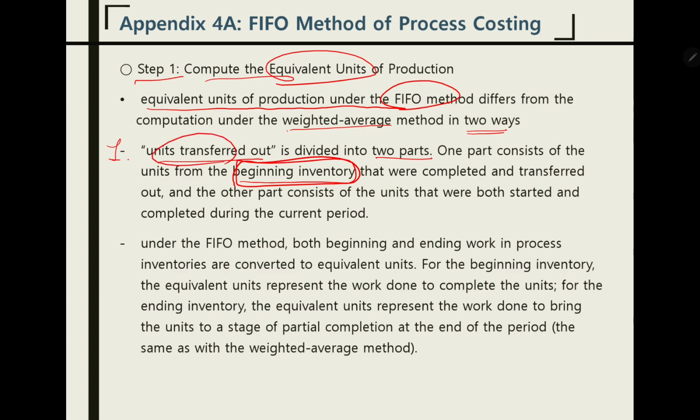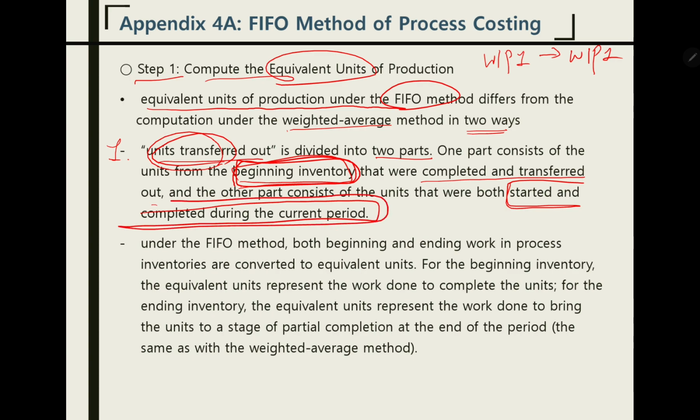Units transferred out are the units transferred from the work in process of the first process to the work in process of the second process. So the units transferred out consist of the beginning inventory that was completed and transferred out, and the other part consists of the units that were both started and completed during the current period.